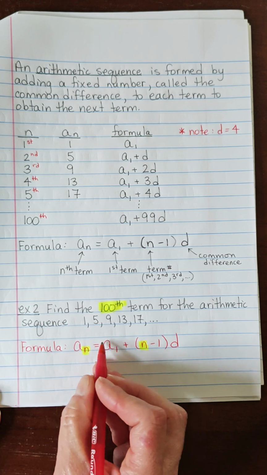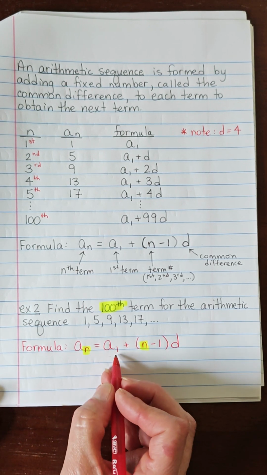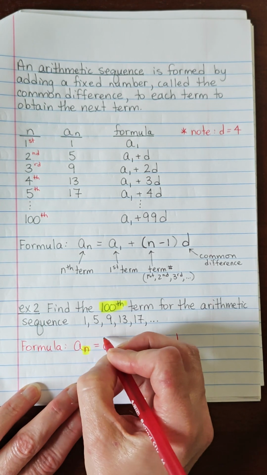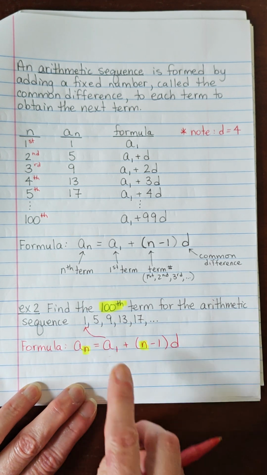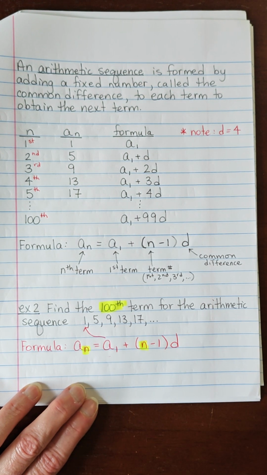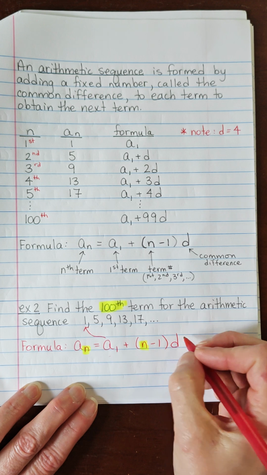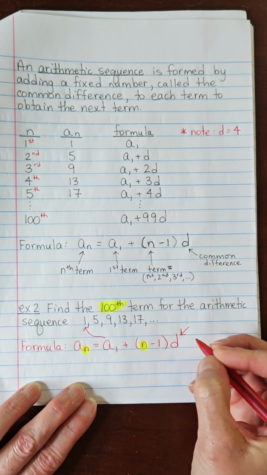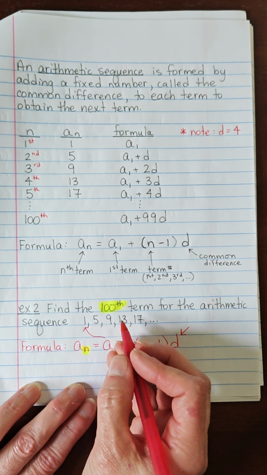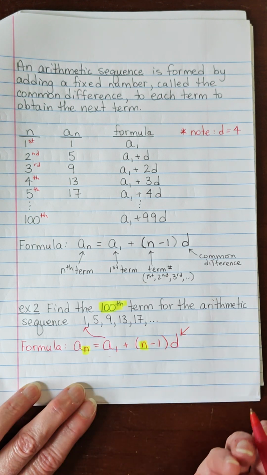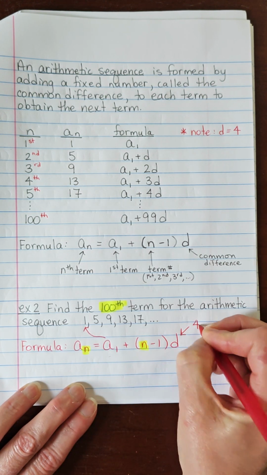A sub 1, there's nothing to find, no work whatsoever. It's just the first term. Right there. It just so happens to be 1. It's not always 1. It's just whatever the first term is. And then D is your common difference. It's that number you're consistently adding each time to get the next term. In this case, it was 4.